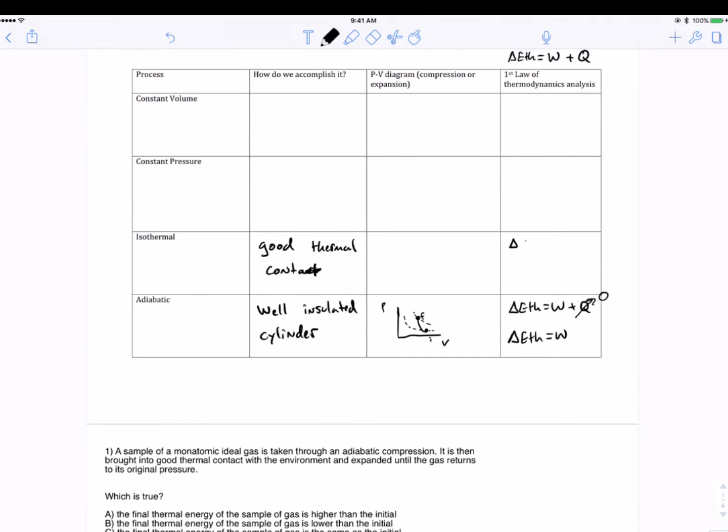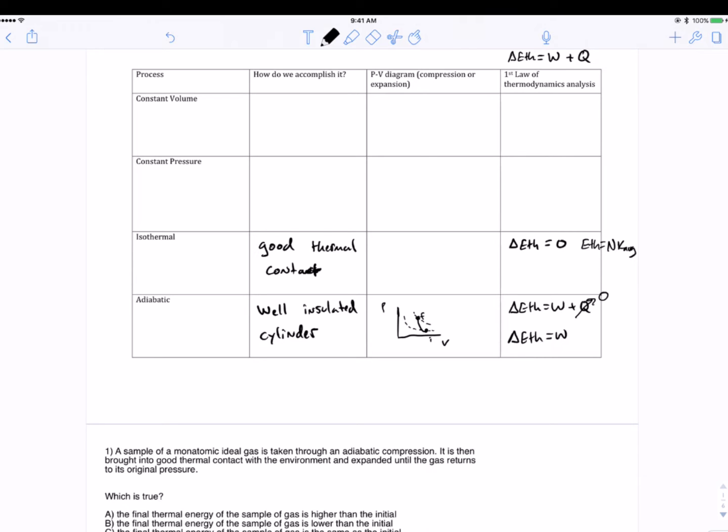So if we know delta E_th will be 0, and we know that because E_th is going to equal n number of particles times the average kinetic energy of those particles, and the K average only depends on temperature. Temperature is not changing.